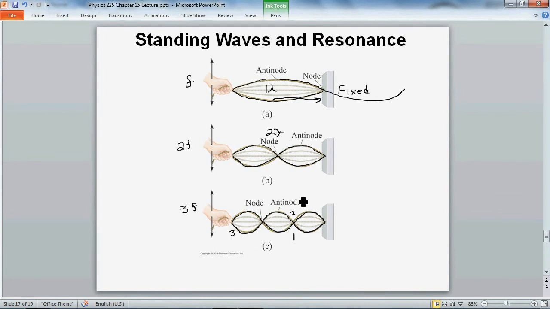Now these vibrations occur in integer sets, and the points where these waves have 0 amplitude are called nodes, and an antinode is at maximum amplitude.